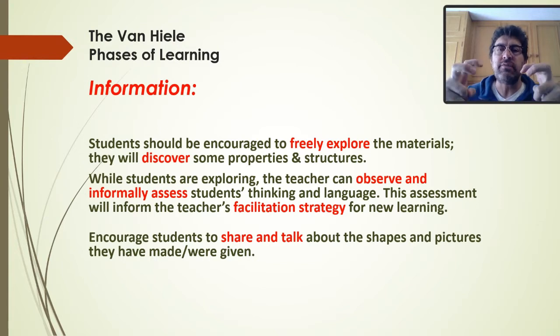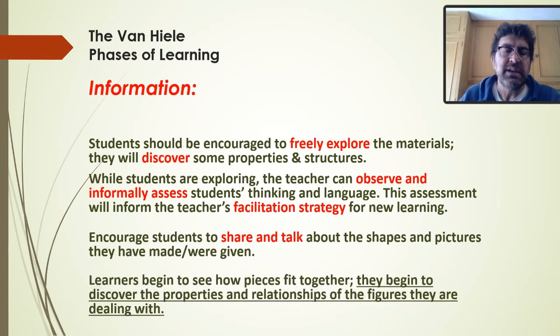The cognitive hooks that you want knowledge to hook onto is very important. If there is none of that hooking happening, you are over the heads of the kids. They won't get it because you're skipping phases and you're skipping levels. So learners begin to see at this level how pieces fit together.